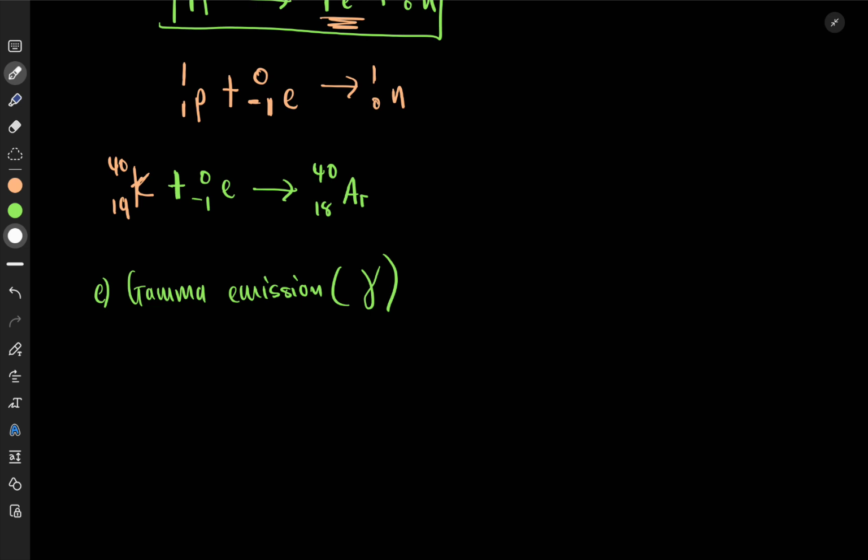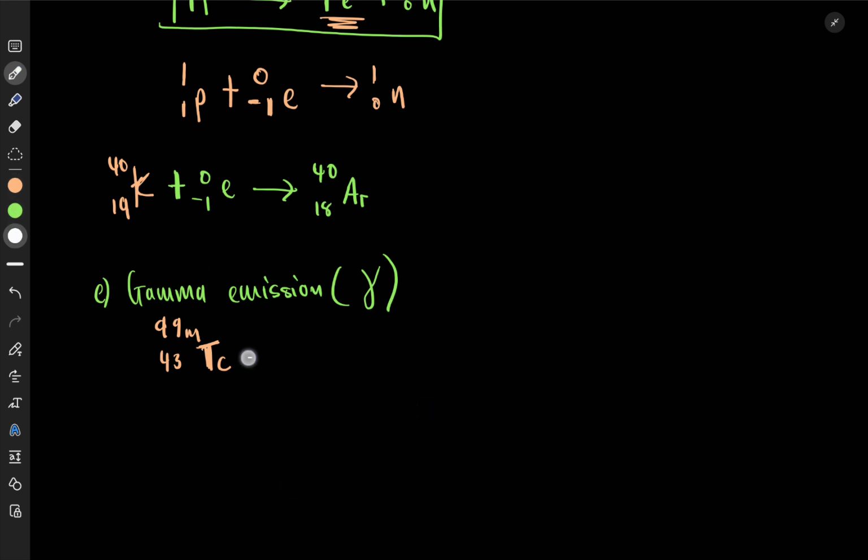Now let's show an example. You would have something like this: 99, 43, technetium, and then they'll put an M. M means metastable state, which means it is excited. Then what's going to happen to it?